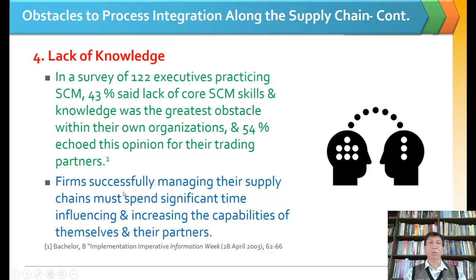It means firms successfully managing their supply chain must spend significant time influencing and increasing the capability of themselves and their partners.